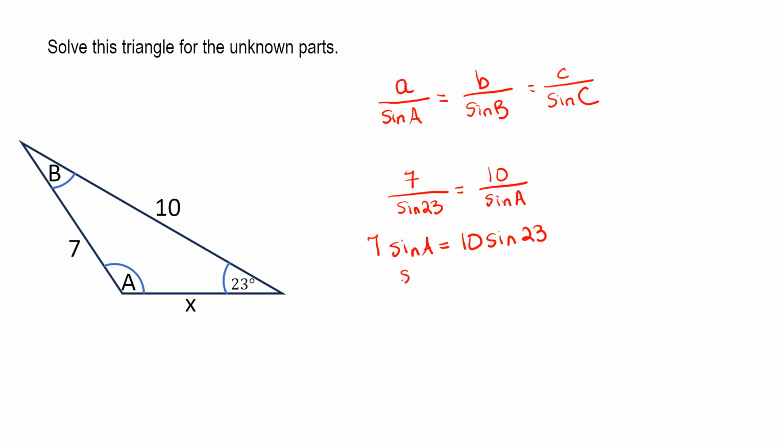And then we divide by 7 on both sides. We have sine A equals 10 sine 23 over 7.